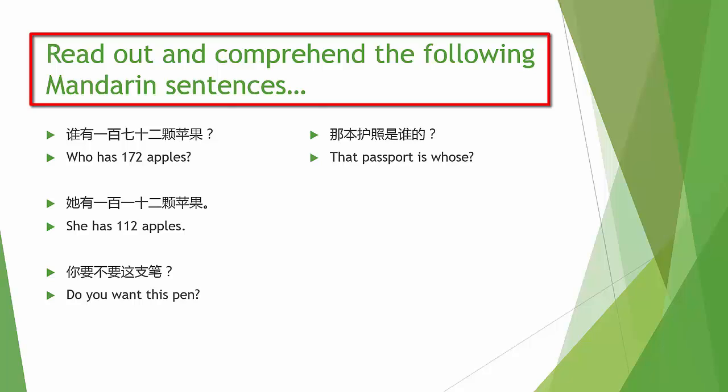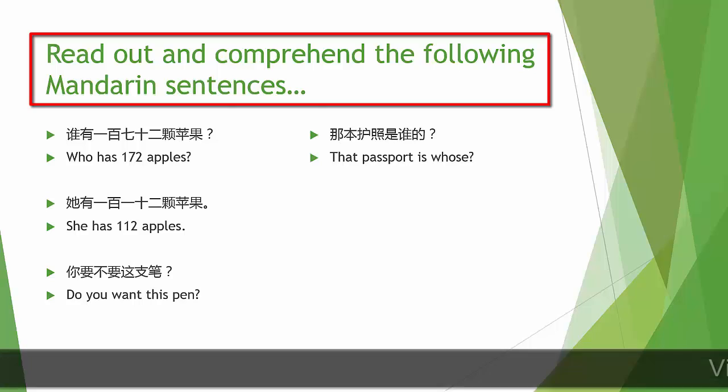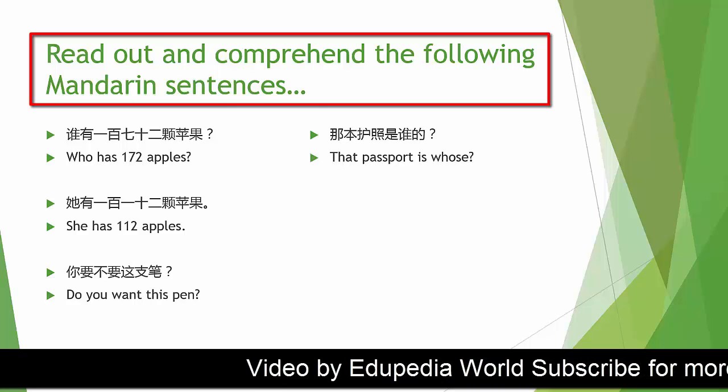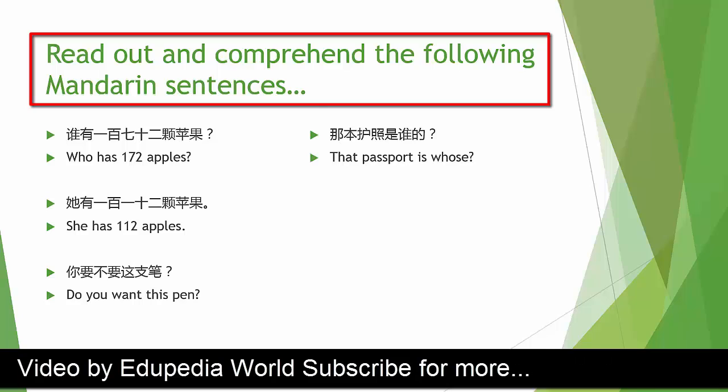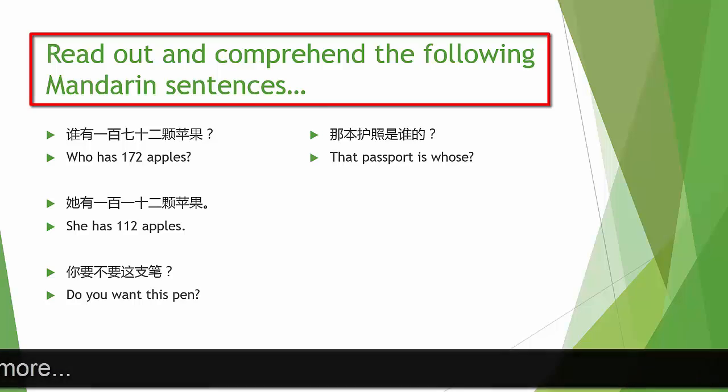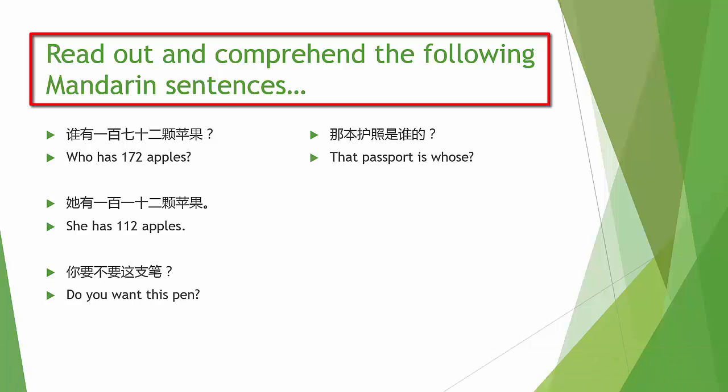As you can see, that passport, when translated, requires a quantifier in between, and that quantifier is 本. 谁的, if you remember, is whose, so the way to ask it is just direct translation. Think of an answer to this, and let's see if our answers are the same.